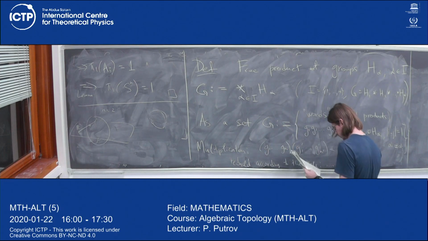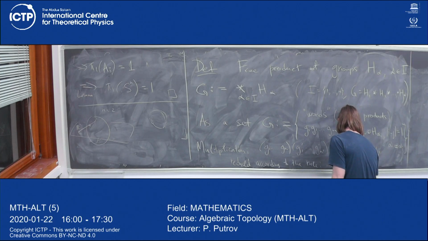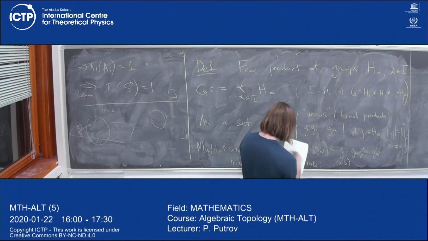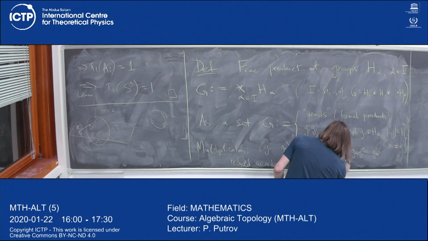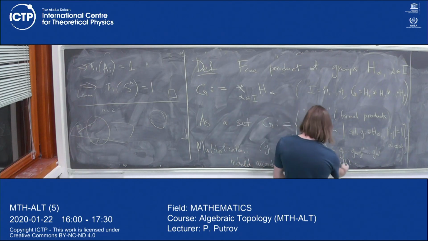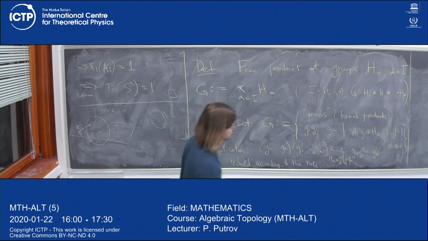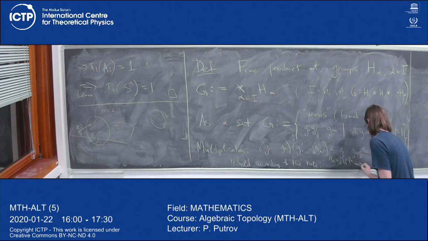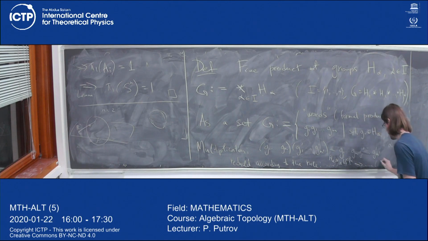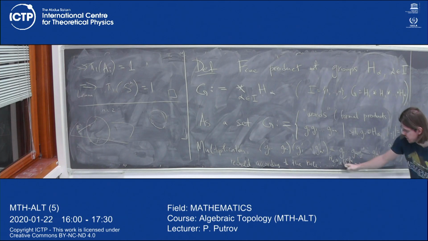If somewhere in the word I encounter a pair of neighbors which belong to the same group, I change this word by replacing this pair of elements with a single element, which is obtained by multiplication of those guys in H alpha.